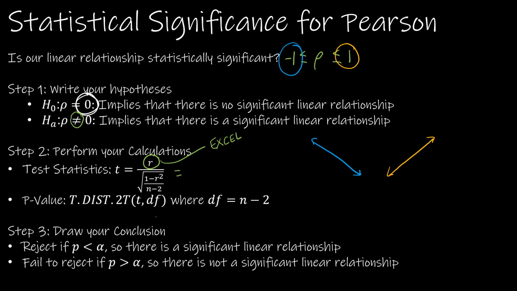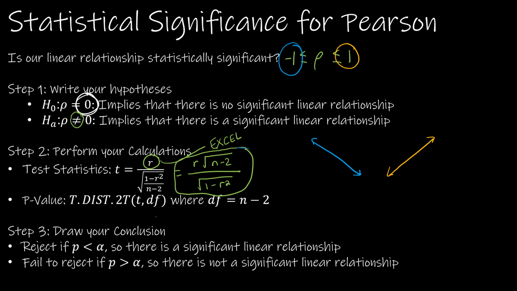You might also see your t test statistic look like this: r times the square root of n minus 2 divided by the square root of 1 minus r squared, which is just an algebraic manipulation. It's the exact same equation.